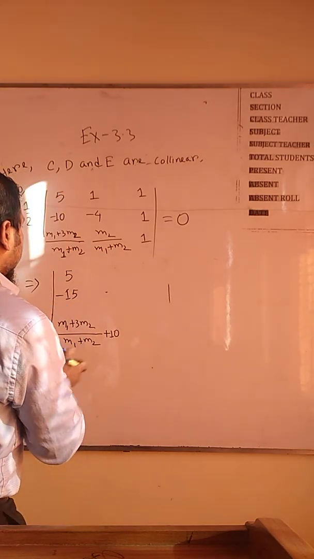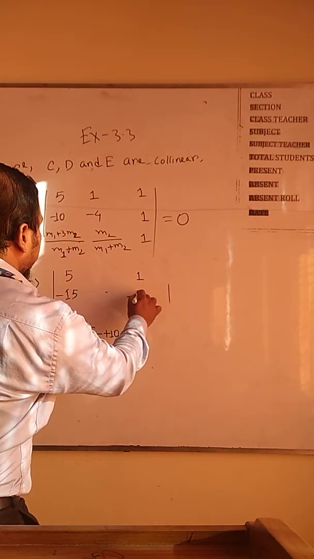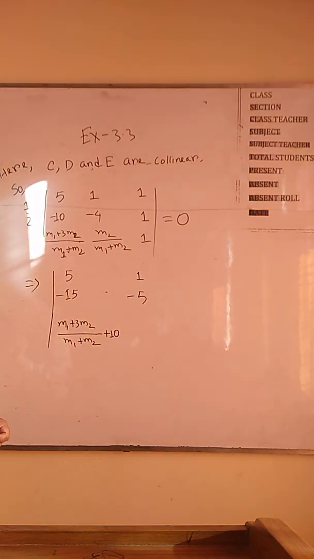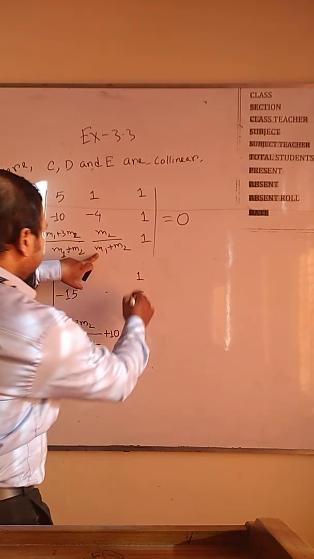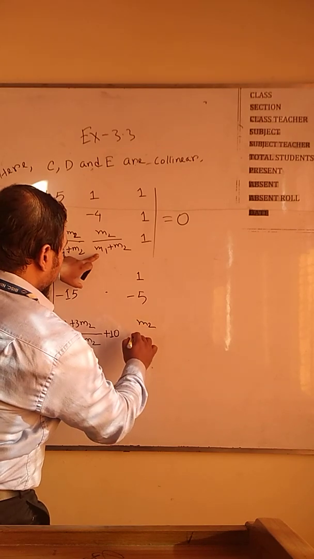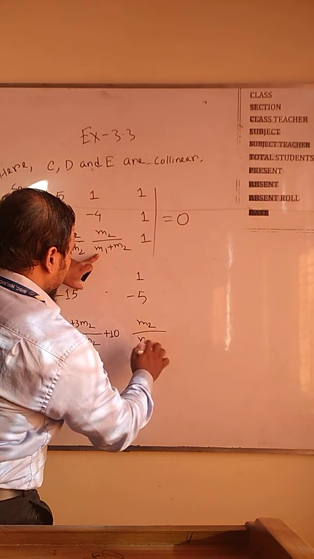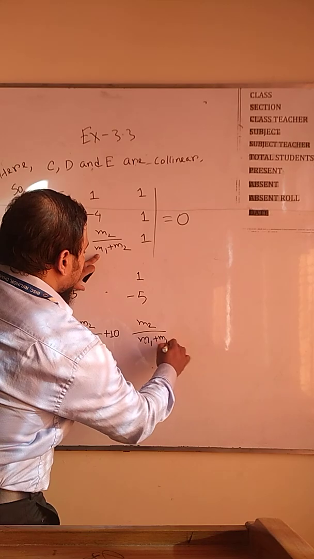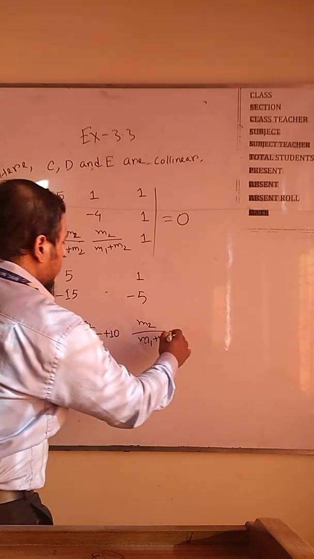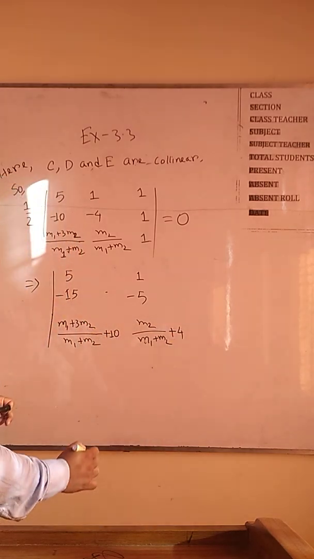It was 1 minus 5. And now it is m2 by m1 plus m2, minus 4, that means it is plus 4.